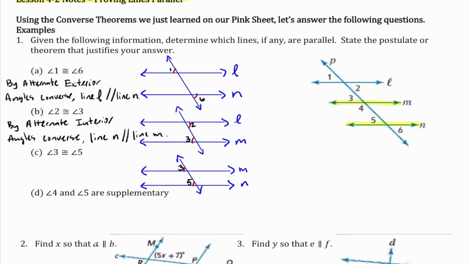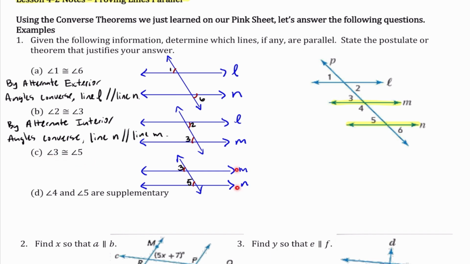So note that these two angles correspond to each other. If we think about the two universes, here's universe 1, here's universe 2. If you're standing in this corner, it's kind of like saying you're standing in that corner. So we can say that 3 and 5 are corresponding and they are congruent.